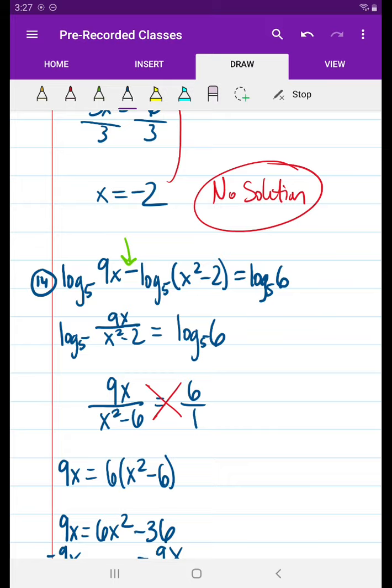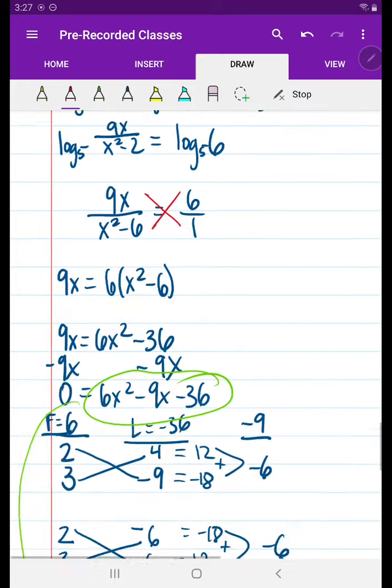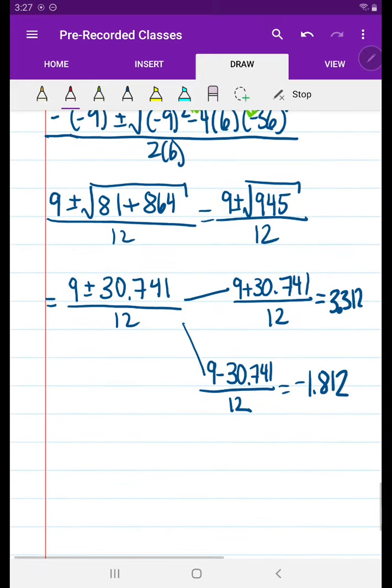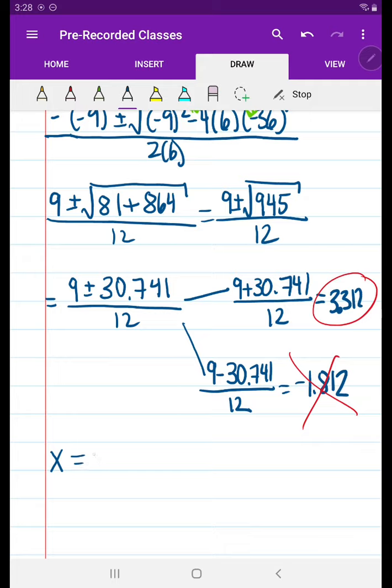The negative solution, negative 1.812, wouldn't work here because that would make that argument negative. So the only solution that we're going to have here is this one right here. That one won't work. So then we can say our final answer will be x is 3.312. Okay, so that's your final solution to that problem.